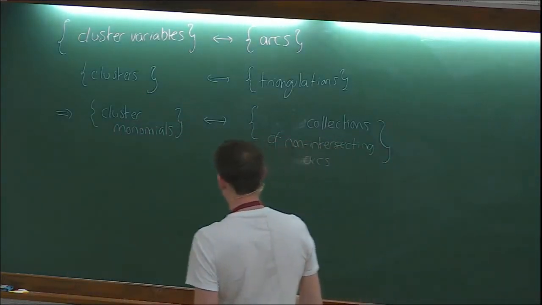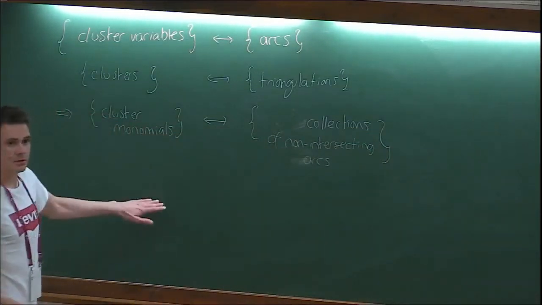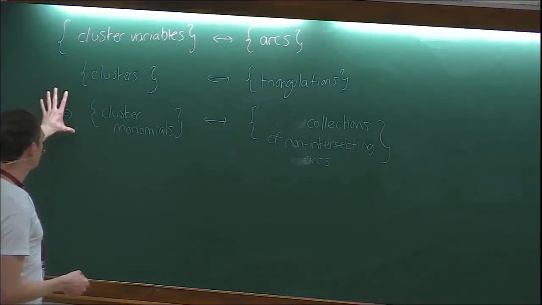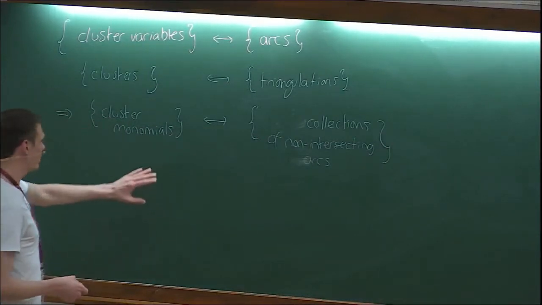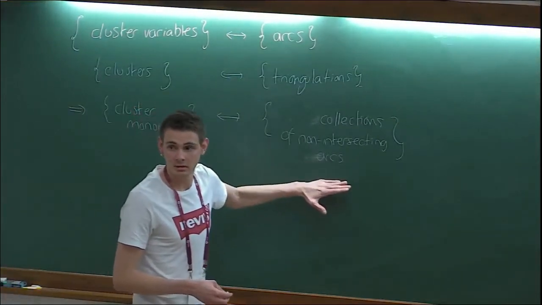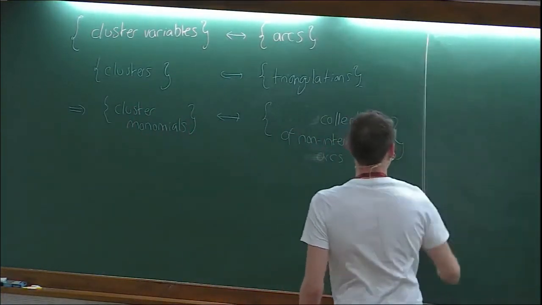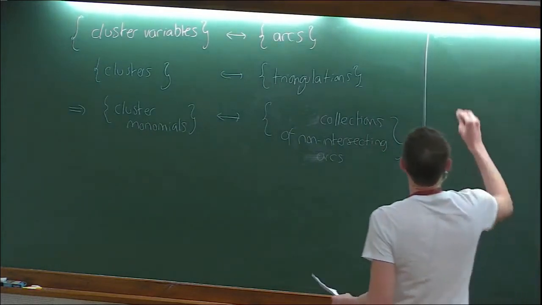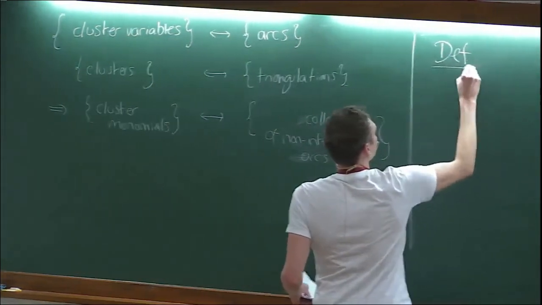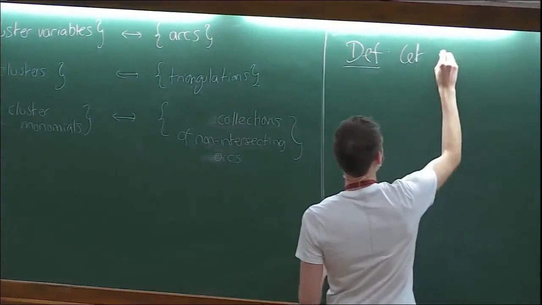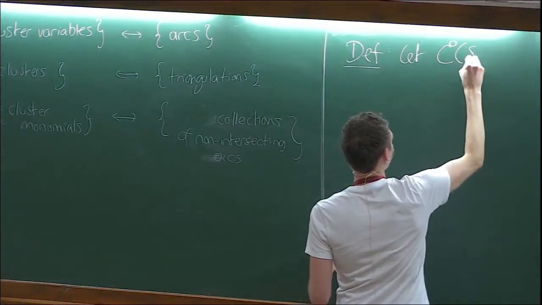When we're not in finite type, so when we're not on the polygon, we need to realize which elements are going to come from our surface to extend the cluster monomials, to extend this collection of non-intersecting arcs. So our proposed solution is going to be the following set.